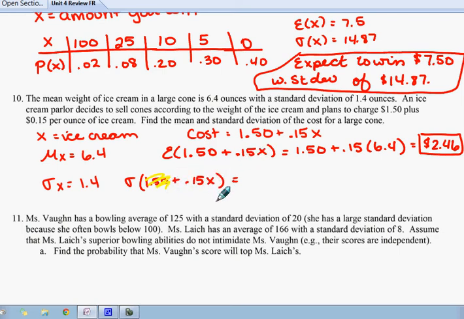I'm not doing 0.15 events, I'm doing 0.15 times it. So all I need to do is 0.15 times the standard deviation. You need to use the square root when you are combining events, and this is not combining events, so I don't need it. The standard deviation here is going to be 21 cents.